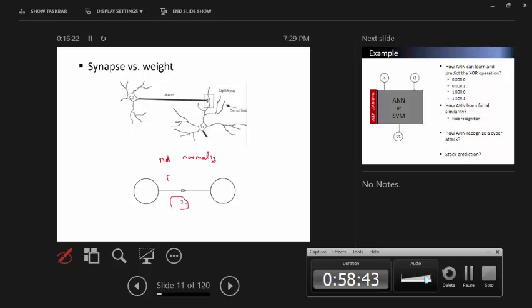Normalization. Then this weight should be in this range, -1 and 1.